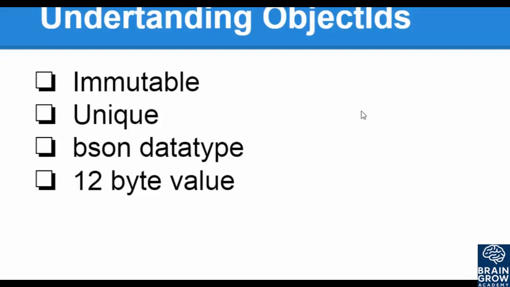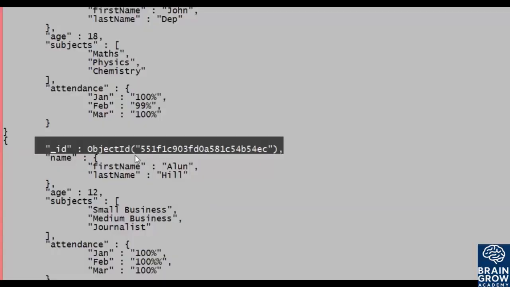The third thing is it's a BSON data type, and it is a 12 byte value. This object ID is a combination of the time when the object is created, the host name of the machine on which we are hosting our MongoDB server, the process ID with which we have created the object ID, and a random incrementing number.